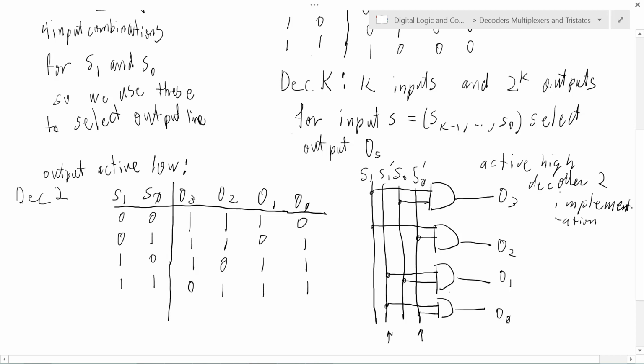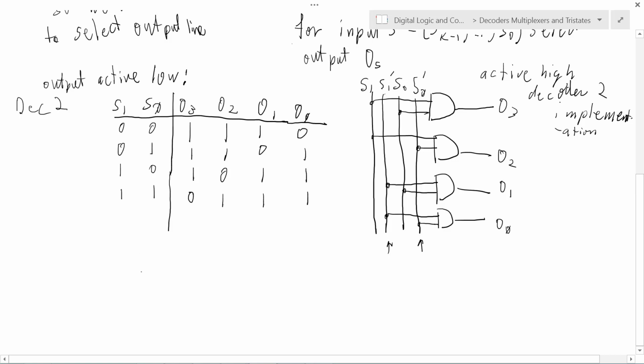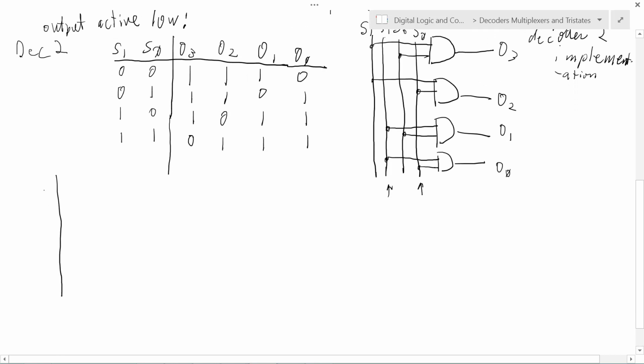What if we wanted an active low decoder 2? Let's do the implementation for that. Well, we have S1 and S1 prime, S0, and S0 prime again.